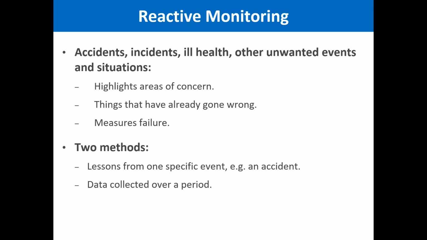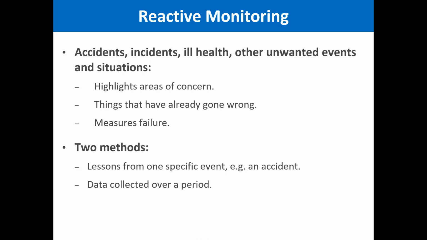Okay, so reactive monitoring is related to accidents, incidents, ill health, and other unwanted events or situations. Basically, reactive monitoring is used to highlight the areas of concern. It will help you identify the major areas of concern that are contributing to accidents.